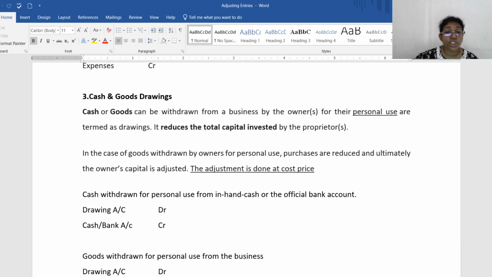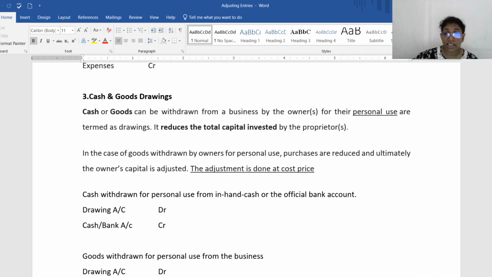In the case of goods withdrawn for personal use, we are going to reduce it from the inventory. At the same time, we are going to adjust the capital as well. So here we are going to adjust the cost of the goods taken based on the cost price, which is also the historical cost.